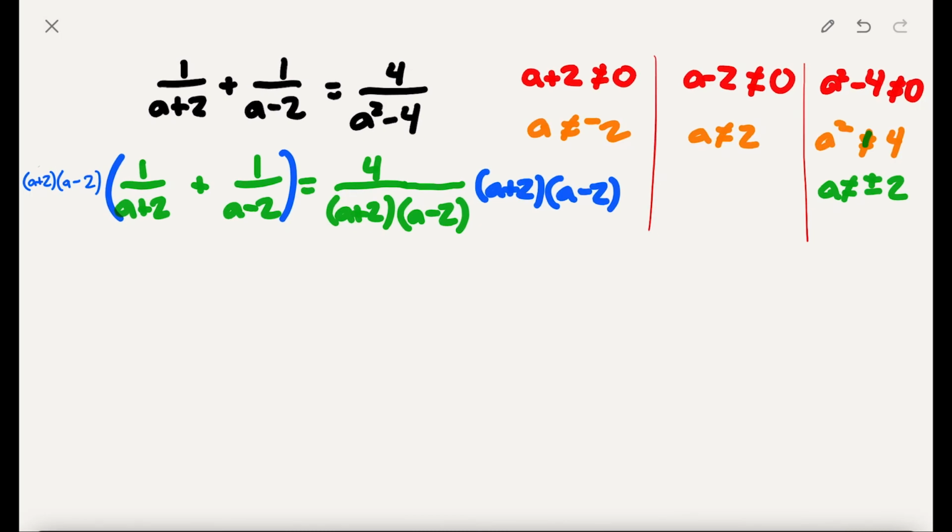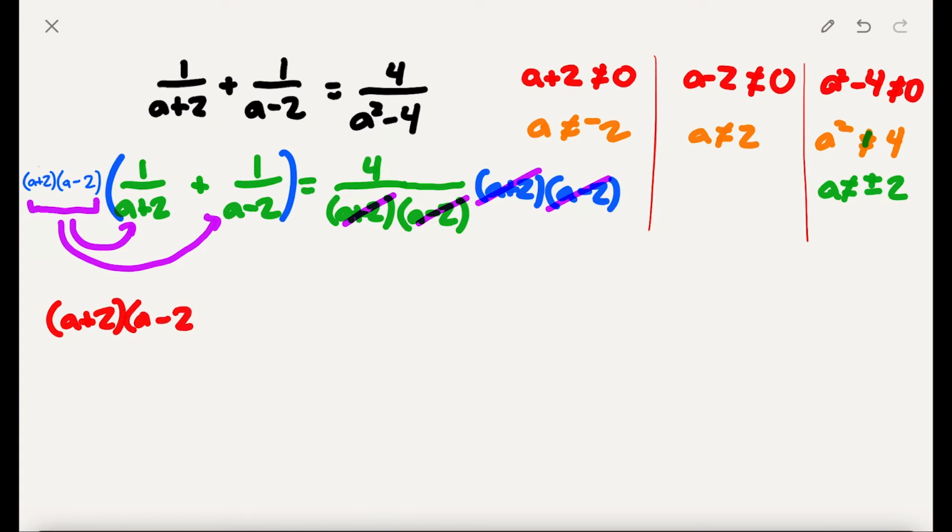Now from here, it's going to cancel out on the right side there. And on the left side, we're going to have to distribute this whole thing right here to each of these terms. The first one, you're going to be left with a plus 2 times a minus 2 times the quantity 1 over a plus 2.